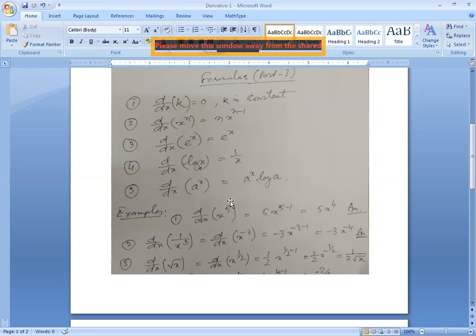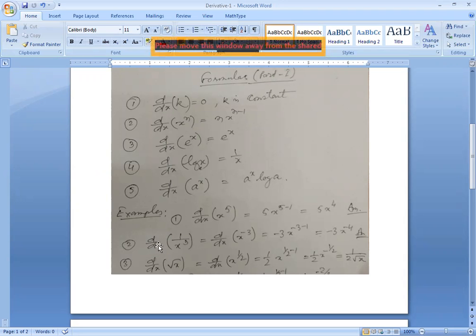So in place of n, 5 is written: n into x to the power n minus 1, 5 minus 1 means 4. So 5 into x to the power 4 is the result of differentiation of x to the power 5.